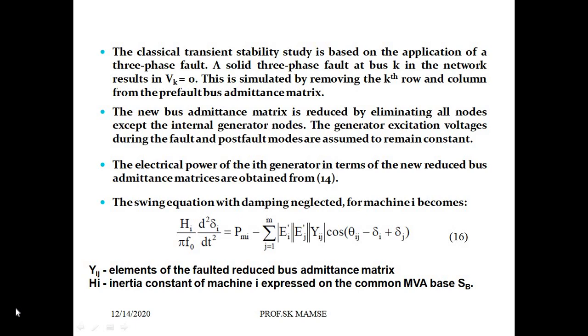Hi is the inertia constant of machine i expressed on the common megavolt-ampere base.